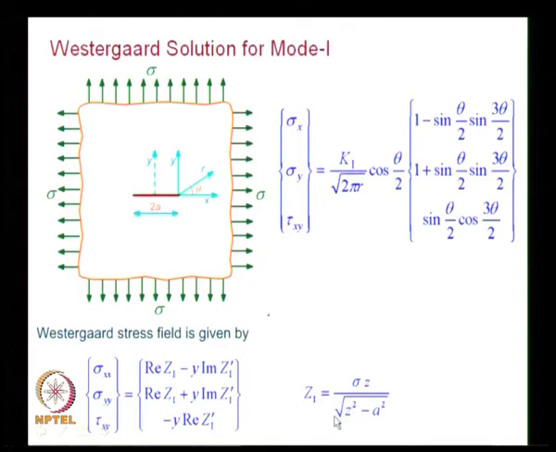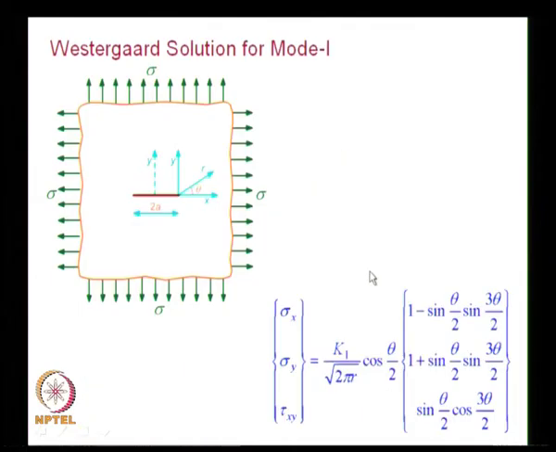Though you have selected this satisfying the outer boundary as well as the crack free surfaces, finally you shifted the origin to the crack tip, you made a simplification that z naught is very small compared to the crack length, and finally you arrived at this kind of stress field equations. And how do these stress field equations model the scenario?